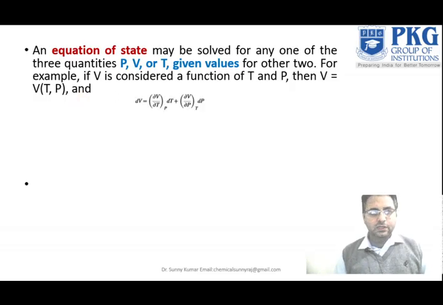You can write here like this: dV equals dV upon dT plus dV upon dP. This is a Taylor series expansion. You can write dV directly like this, where one is at constant pressure and this one is at constant temperature.